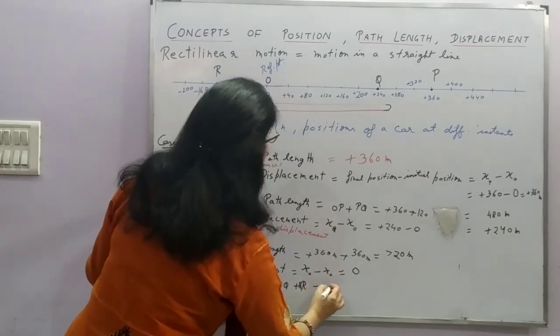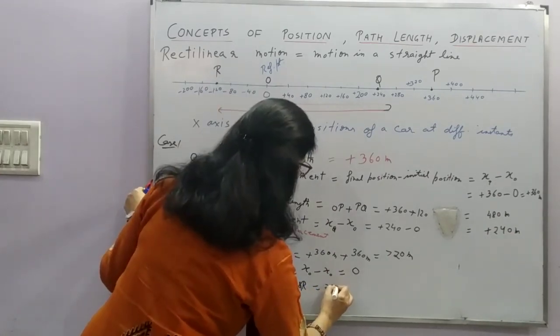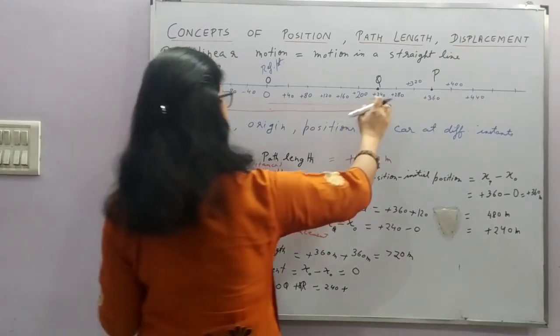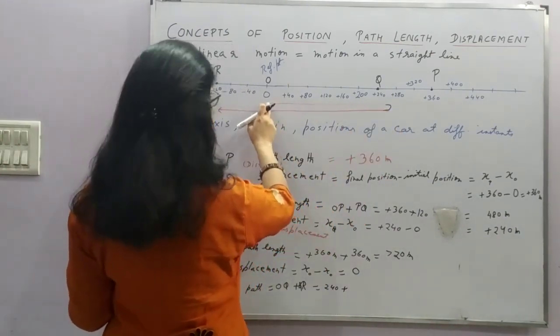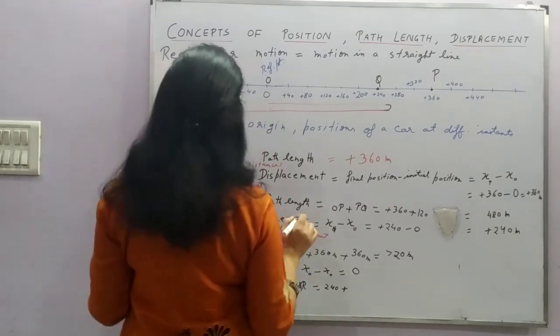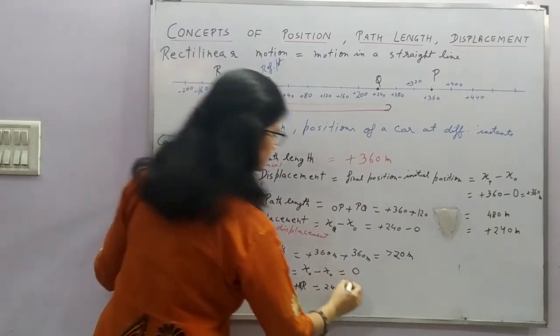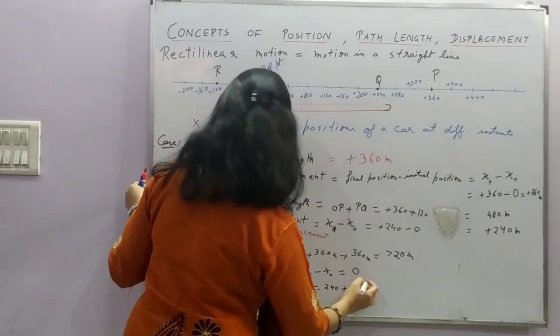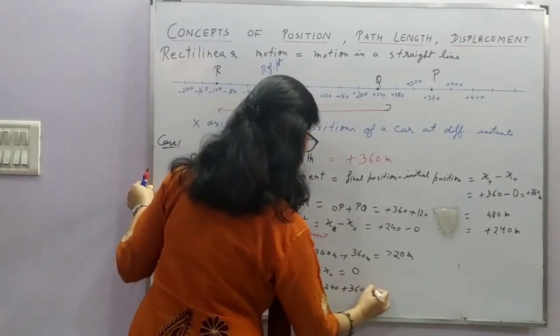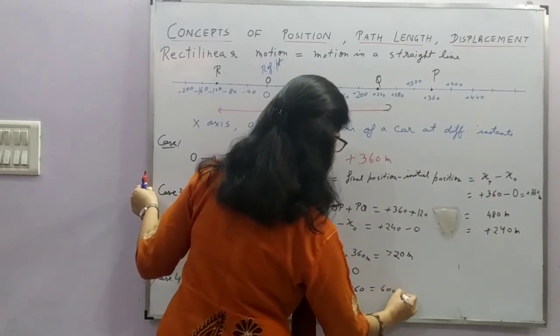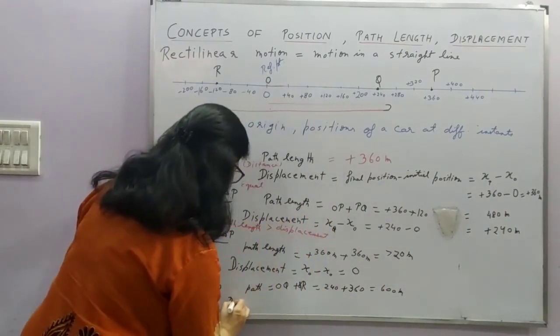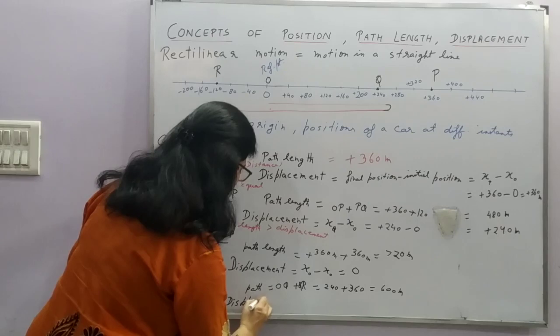So OQ is how much? This is 240, and how much is the path length of QR? 240 plus 120, that is 360. So this makes it 600 meters.